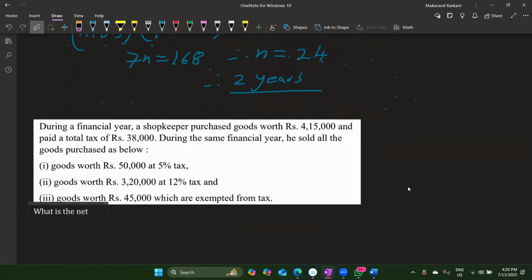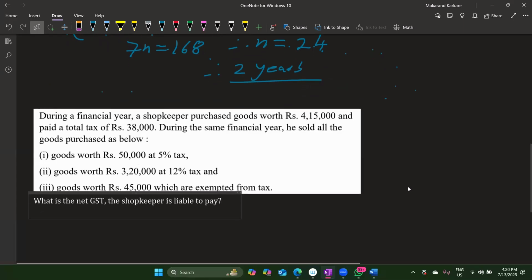What is the net GST? That was the question.